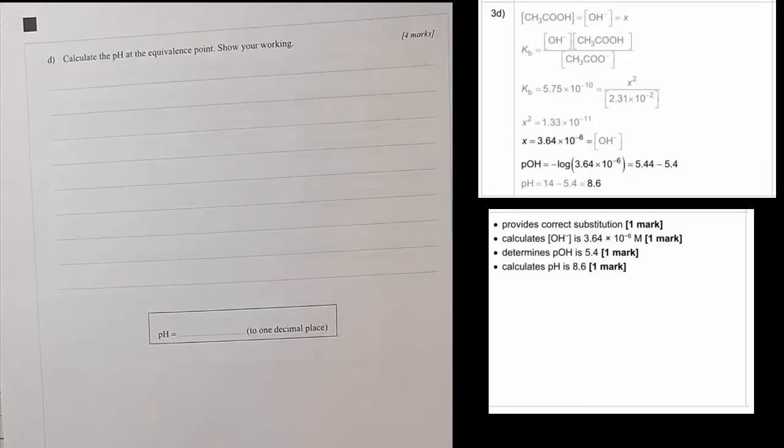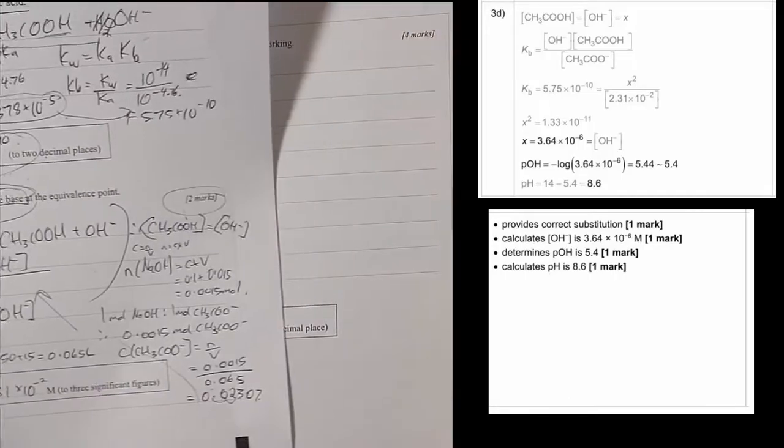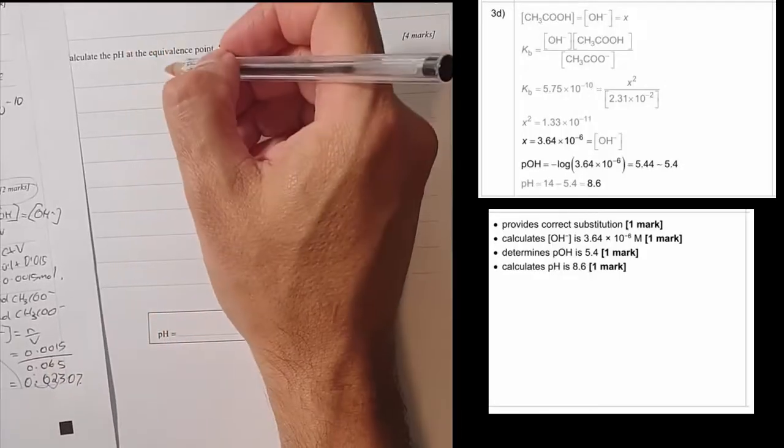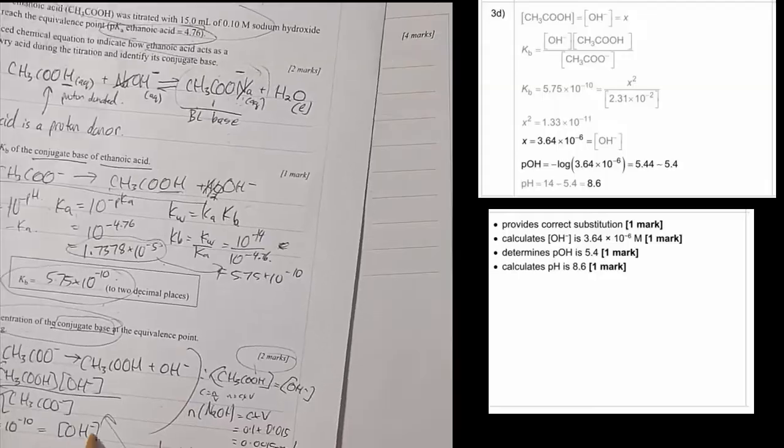So calculate the pH at the equivalence point. So what's going on at that equivalence point? There's no more base, there's no more acid, there is just the conjugate base. And so if we go back to here and repeat this stuff here, the pH is going to be this stuff here.